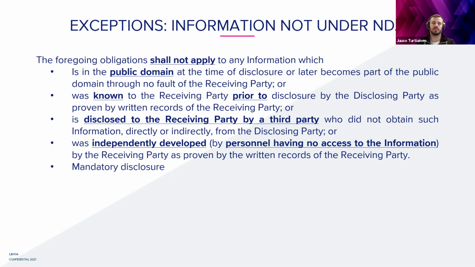Also, where information is disclosed to the receiving party by a third party, this is quite straightforward. If a third party provides some information, it is hard to control what third parties provide. Hence, it is quite difficult to tie them to an NDA where they're not an actual party to the business relationship that you're discussing.